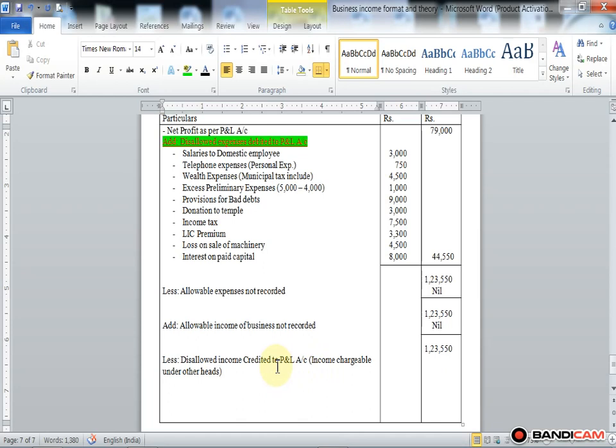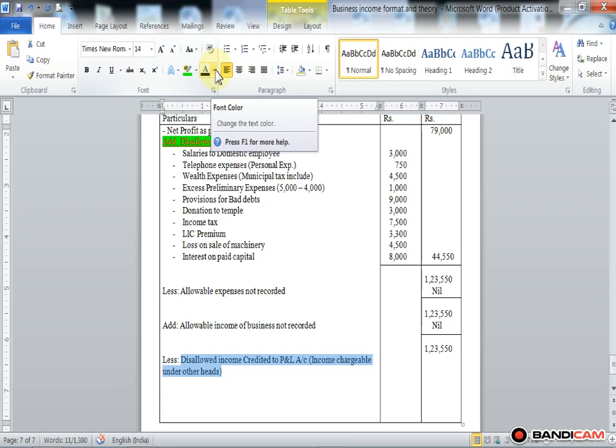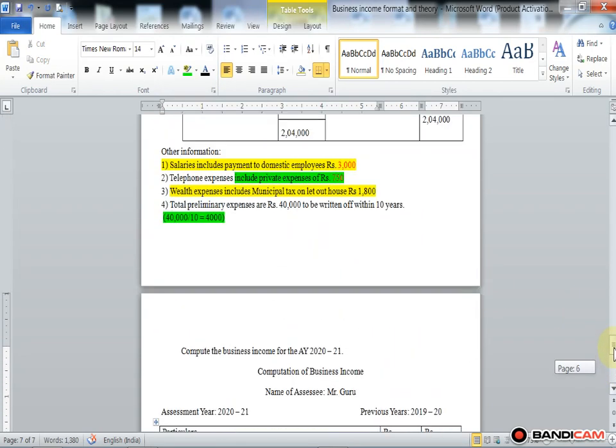Okay, it affects the net profit, it increases the net profit of the concern, so other income is deducted from net profit. So here in adjustment, no income, no expenses related to business is given. Okay, so directly we go to the profit and loss account credit side.